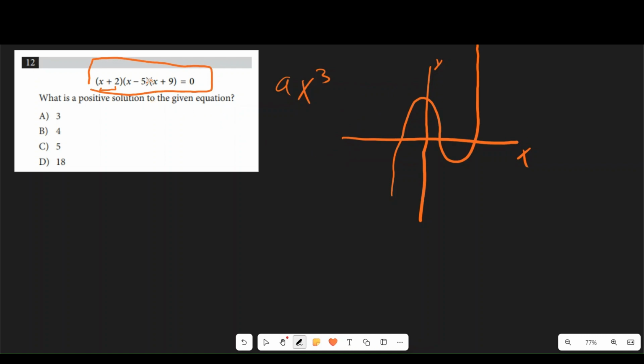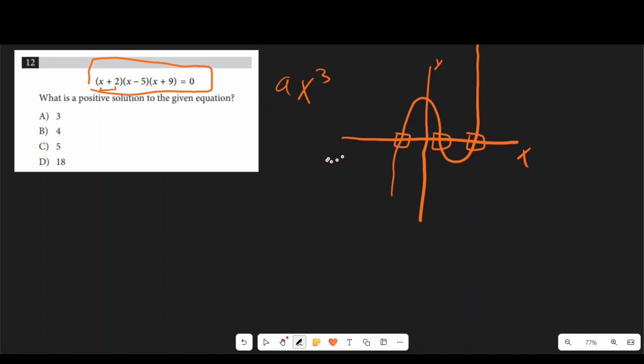So when they are asking us what is a solution to the given equation, we should instantly think and look, right? We see this 0, it's equal to 0. So that should tell us they're basically asking at what points does this graph touch 0, or when does it touch the x-axis, right? And if you notice, since there are three x's, there are three solutions where this might touch the x-axis.